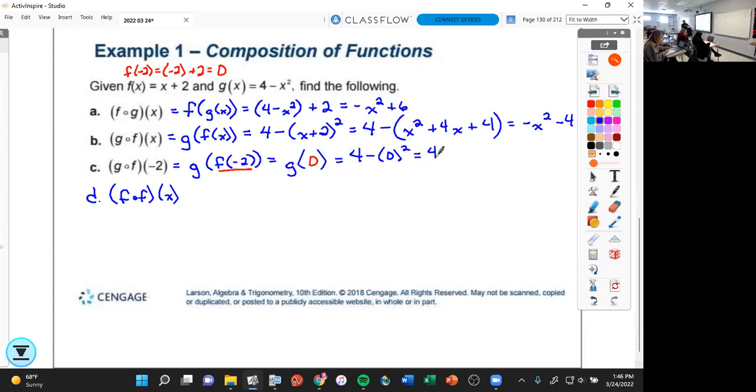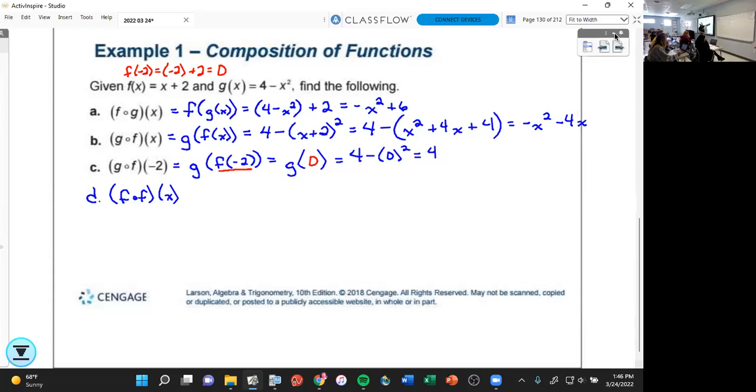Now, I want you to compare B and C. Look at our answer to part B. Let's take this -2 and plug it in here.